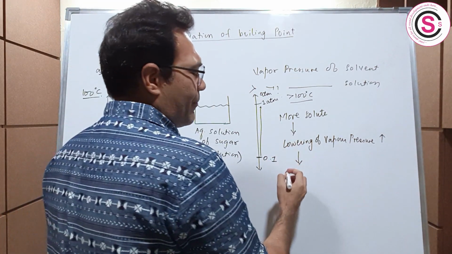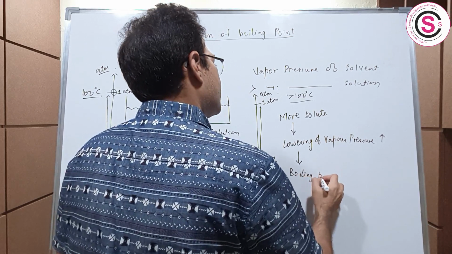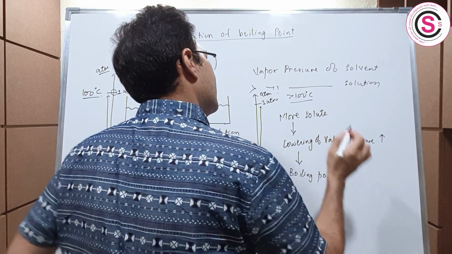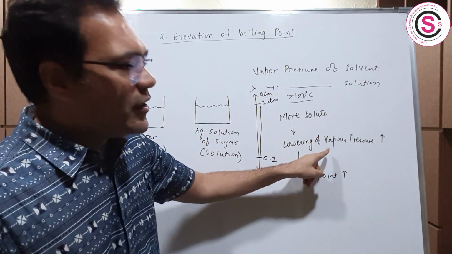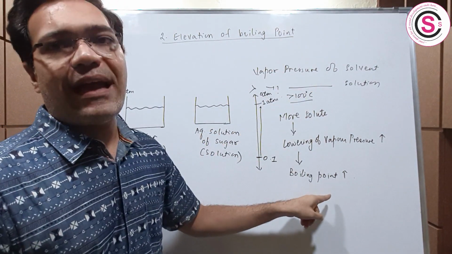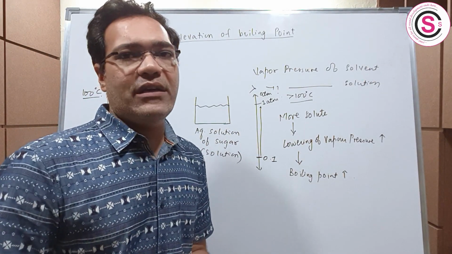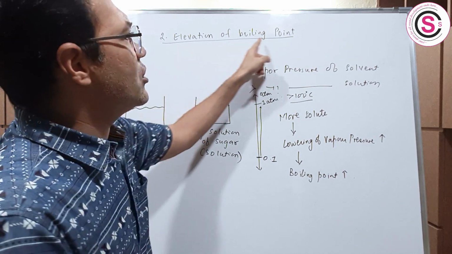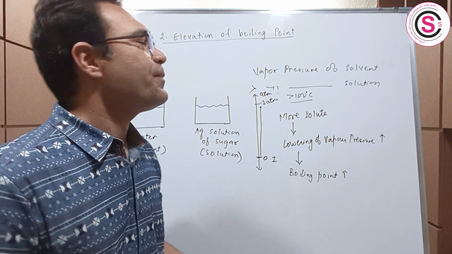So basically the boiling point also increases, right? So the more solute I add, the more will be the lowering of vapor pressure and the more will be the rise in boiling point. This phenomenon of increase in boiling point, students, is what we call elevation of boiling point. And that is our today's topic, right?